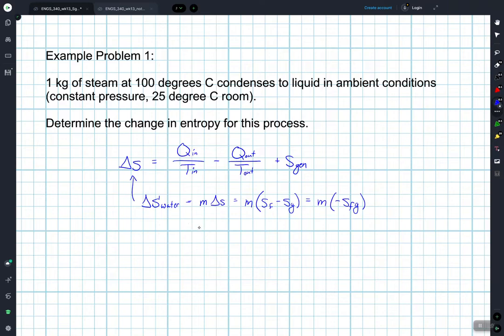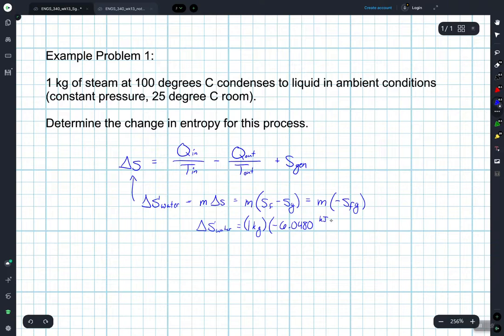we can find that delta S, capital S of our water, is equal to, we have 1 kilogram of water, so 1 kilogram times negative 6.0480 kilojoules per kilogram Kelvin, or minus 6.048 kilojoules per Kelvin, because we have 1 kilogram.